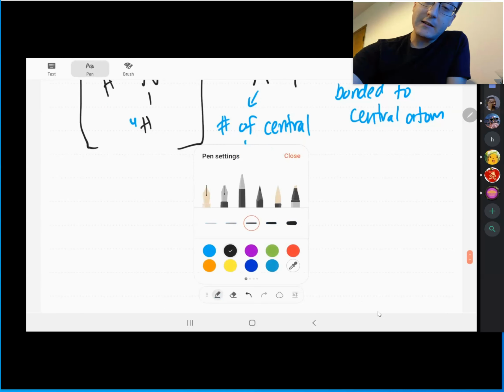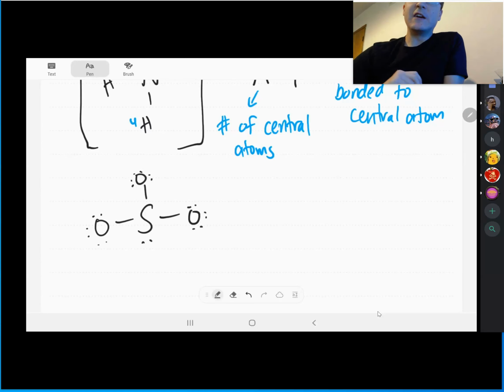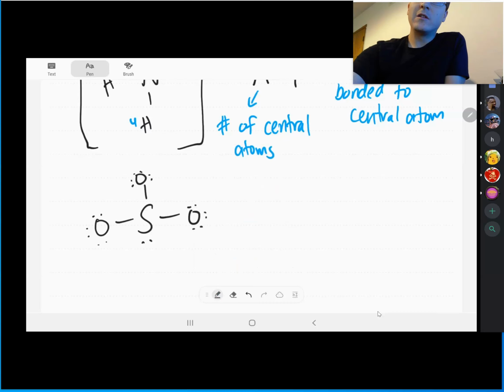So if we look at SO3, if we look at our central atom, how many central atoms do we have? We have 1, of course. How many outer atoms do we have? 3. And we also have a lone pair.